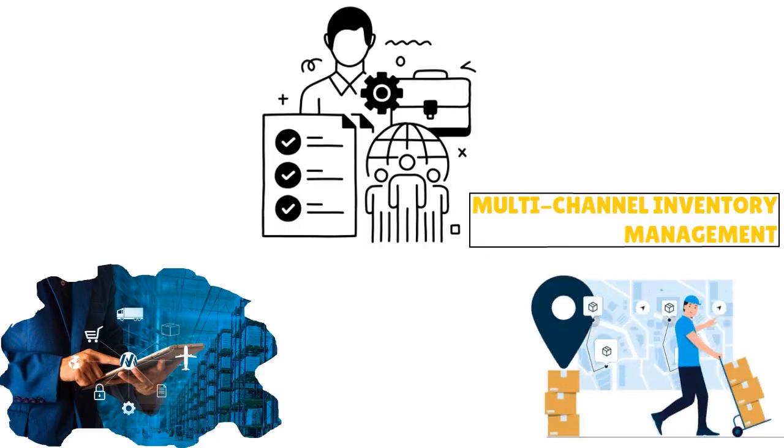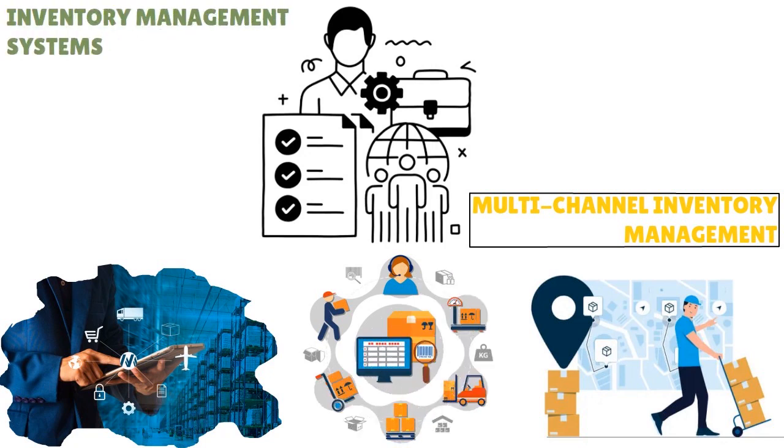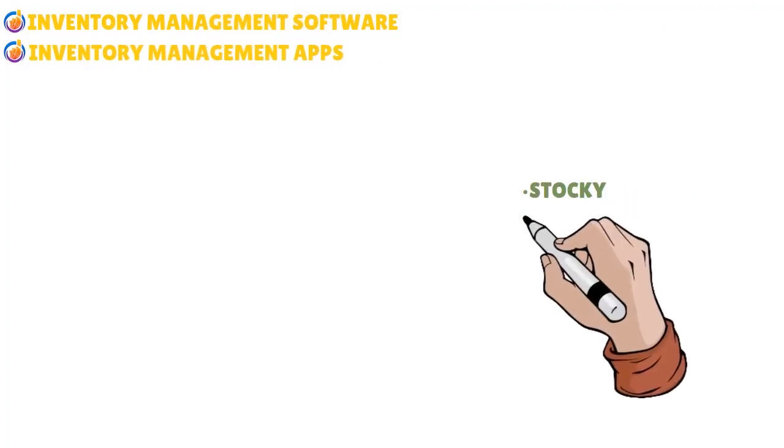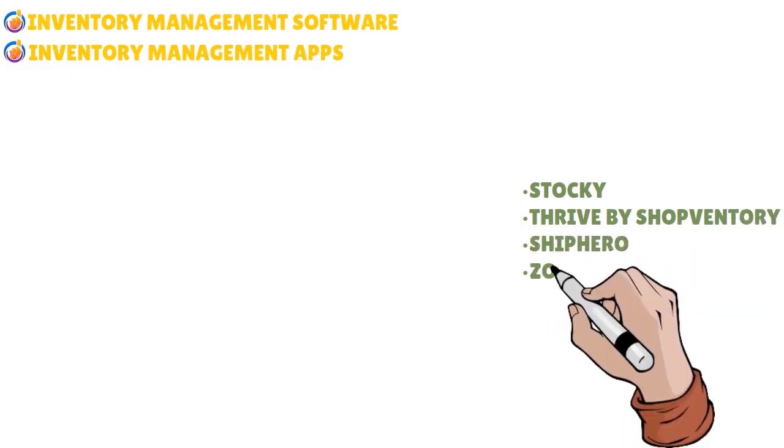Okay, so that's important. You also have to look at the systems. You have to look at the software. Inventory management systems come in different shapes and forms. You have inventory management software. You have inventory management apps, for instance. Apps such as Stocky, such as Thrive by Shopventory. You have ShipHero. You have Zoho.